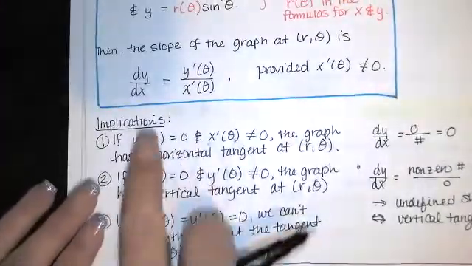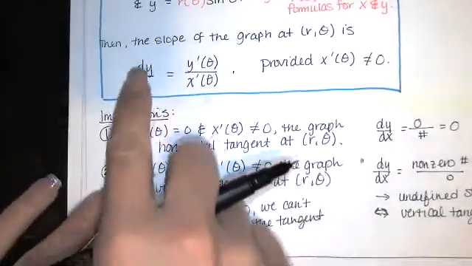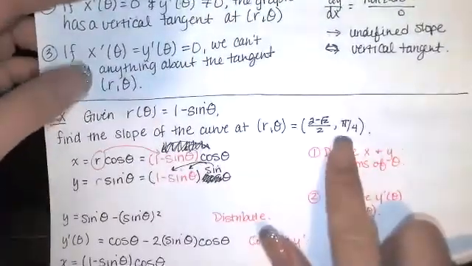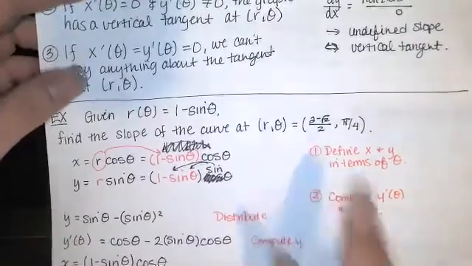All right, now I'm trying to find the slope at a particular point. So I need to compute dy dx. That'll give me a formula for the slope in terms of theta. And then I'll just substitute in my theta equals pi over 4. And that'll give me the slope at that location.